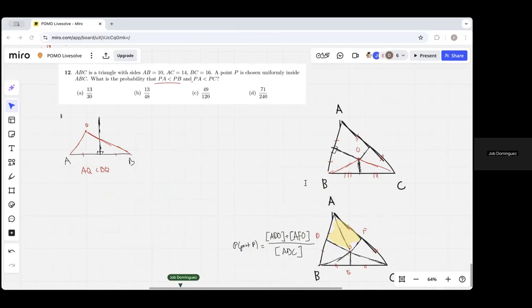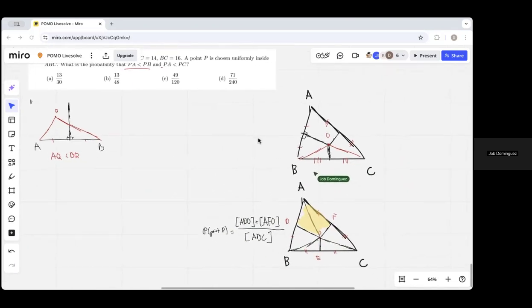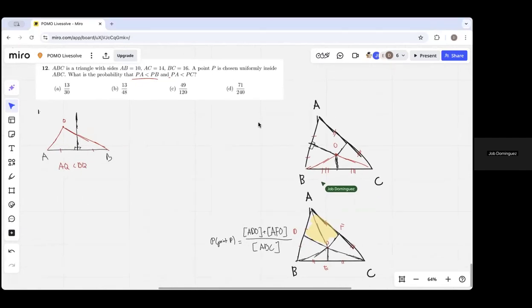And eventually, you can try to do the law of cosines, or try to bash to find the lengths, I guess, with the lengths given in the problem.